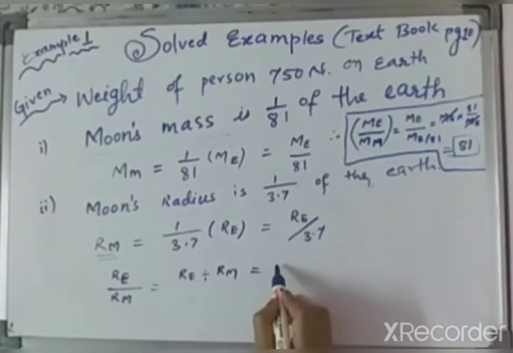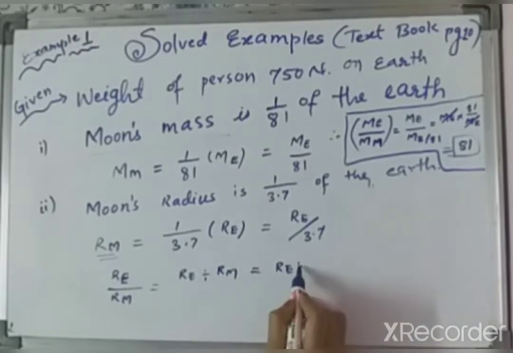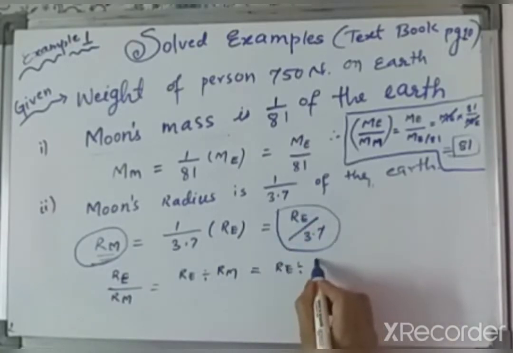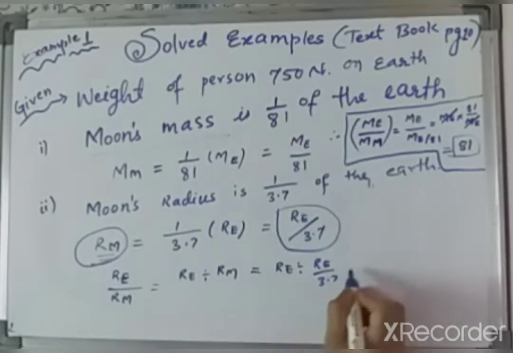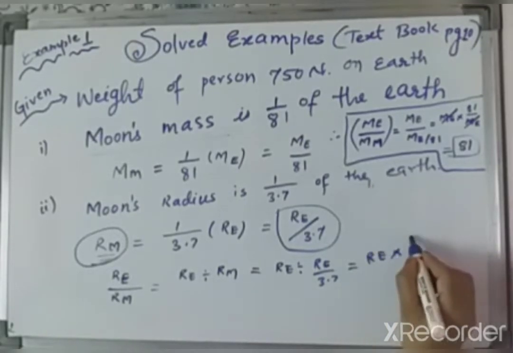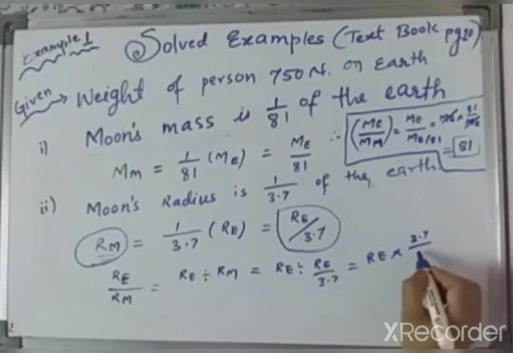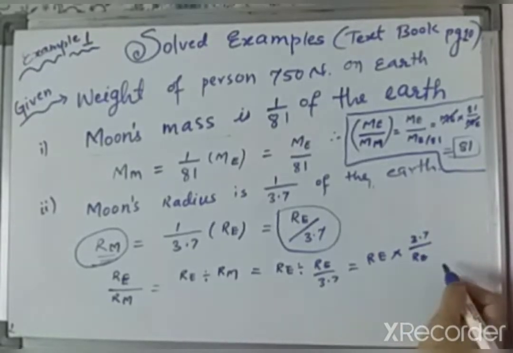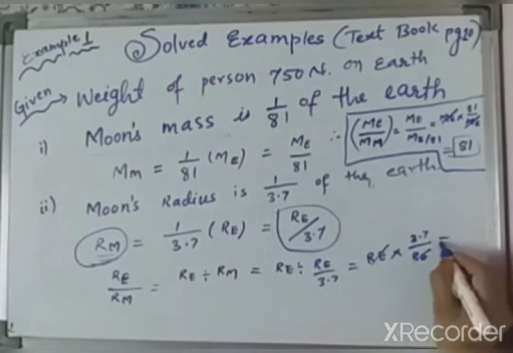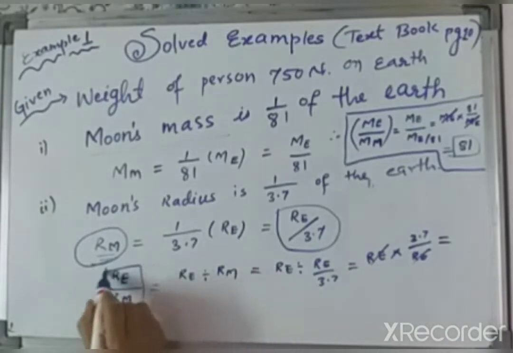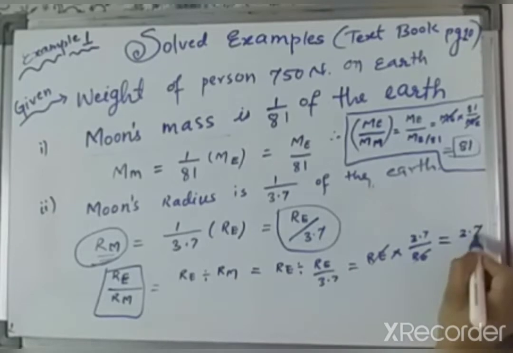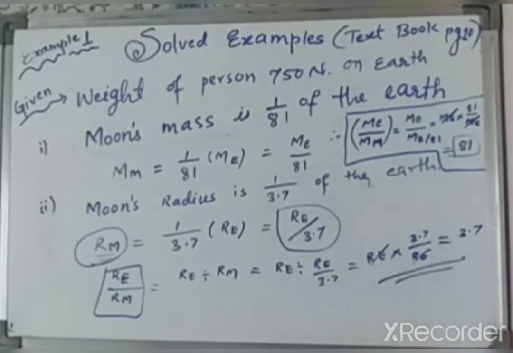Let us substitute the values: radius of earth divided by radius of earth upon 3.7. Division will become multiplication, 3.7 will go in the numerator and radius of earth in the denominator. Both are cancelled. So the ratio of radii of earth and moon is 3.7. This is already given in your textbook.